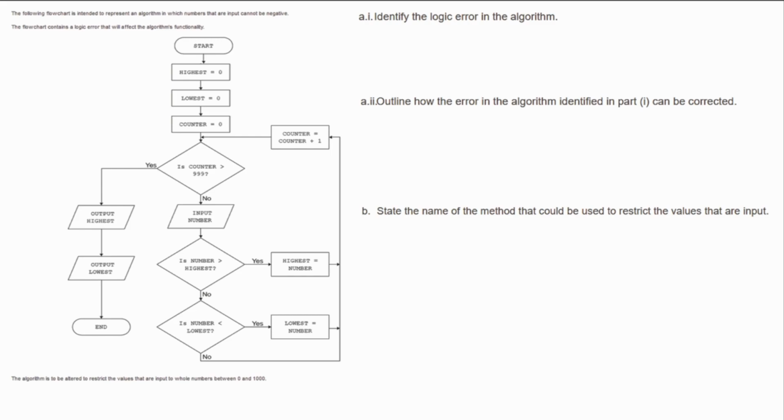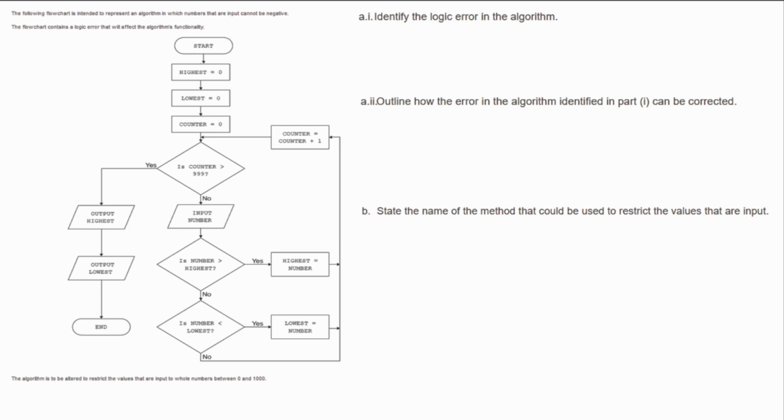Let's see if we can solve part 1. The algorithm starts off by setting the highest to 0, the lowest to 0, and counter to 0. But if we think about this, our values are always going to be above 0.